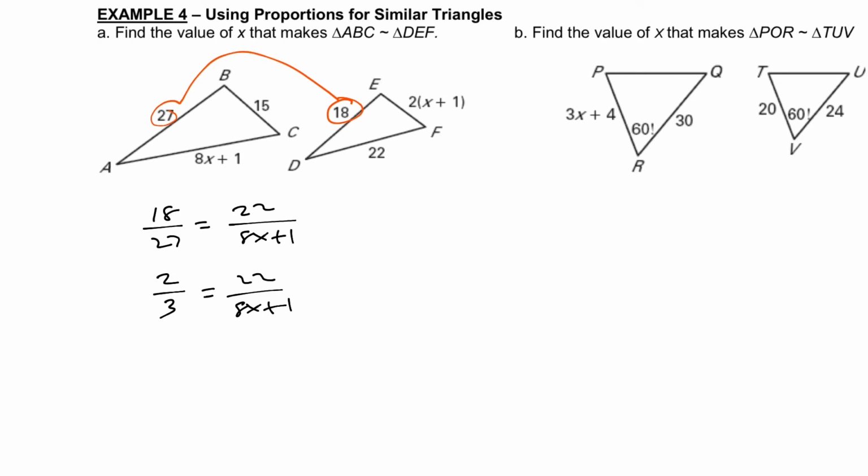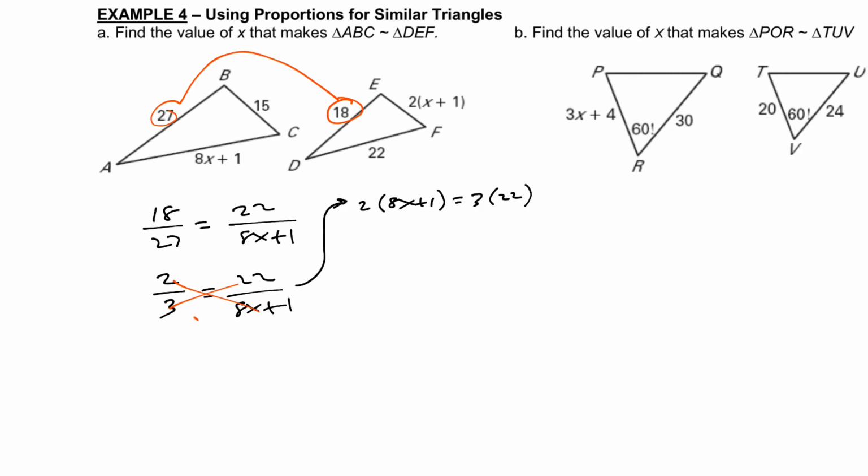My first cross product, I have 2 times the quantity 8x plus 1. That would equal my other cross product of 3 times 22.